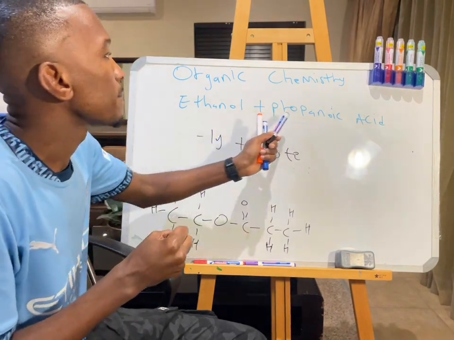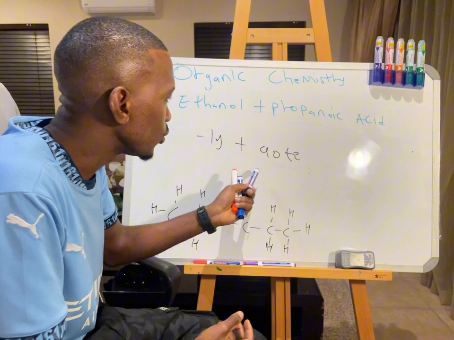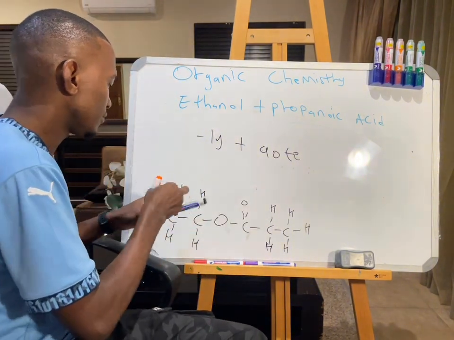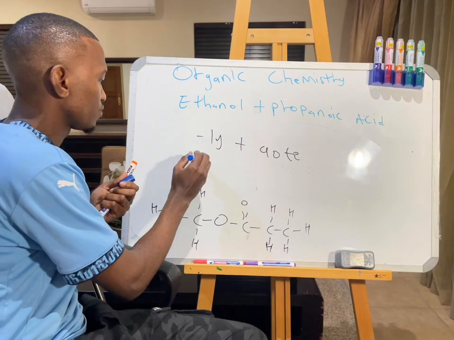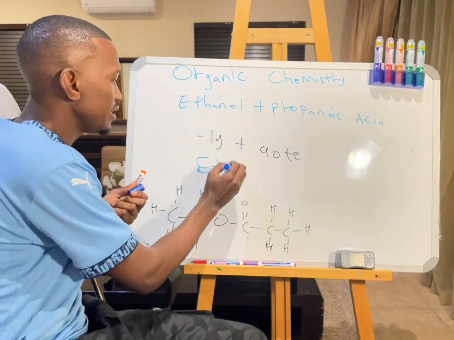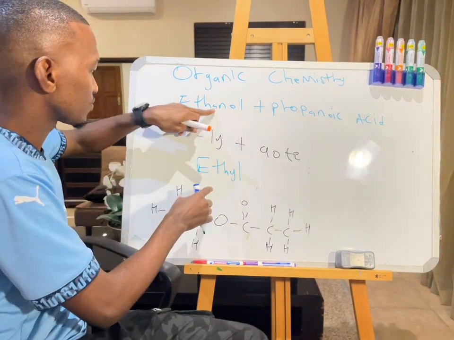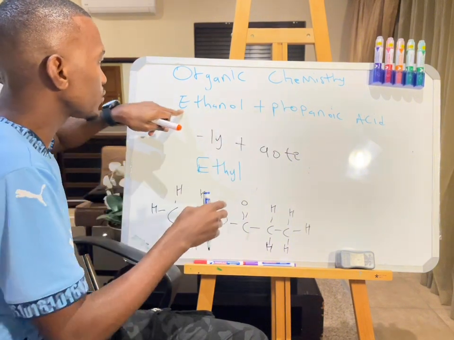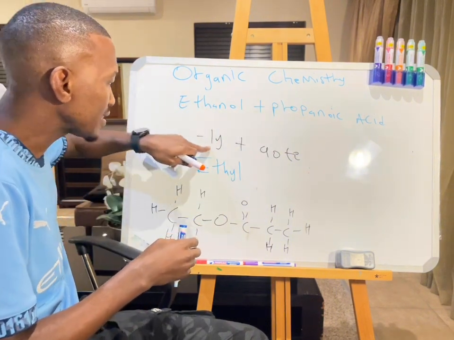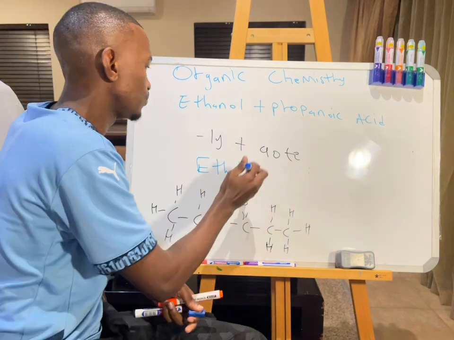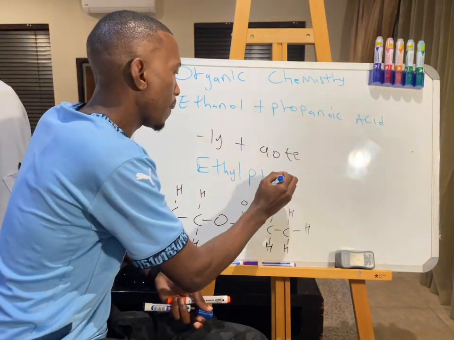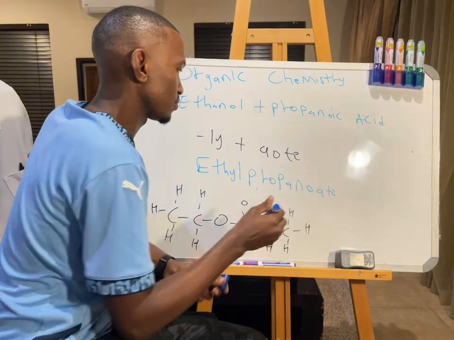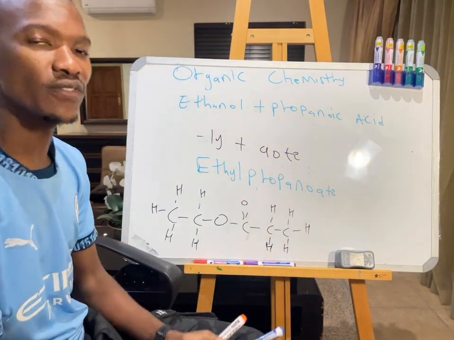And then carboxylic acid will always take oate. So if you want to name this guy, he's going to be ethyl. You see? You remove anol, that anol you remove it, then you're left with eth. So ethyl who? Propanoate. This is the name of an ester, Bafethu.